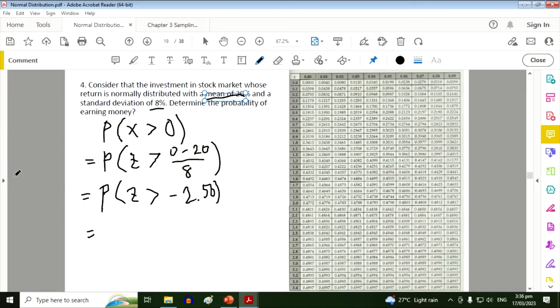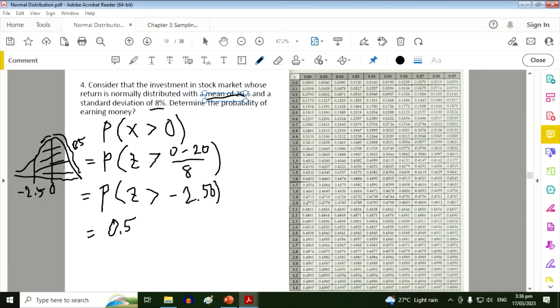If we draw a normal curve, negative 2.5 is here on the left side. So greater than, so the whole right side of the 2.5. It means the whole right side of the normal curve is covered, which is 0.5, right? So we already have 0.5.